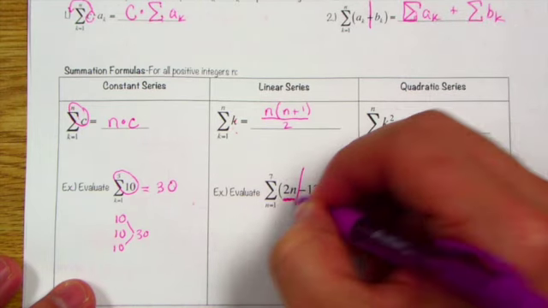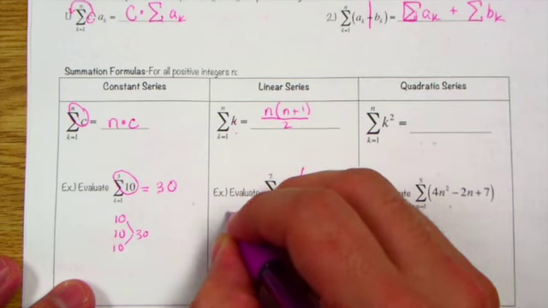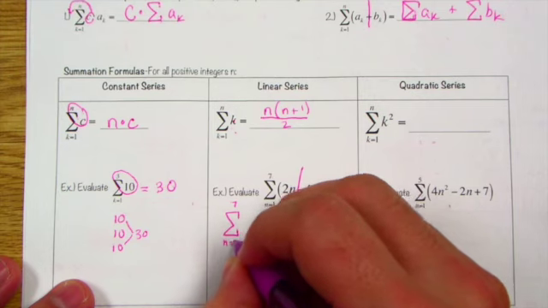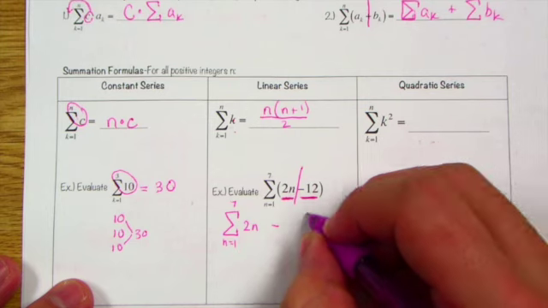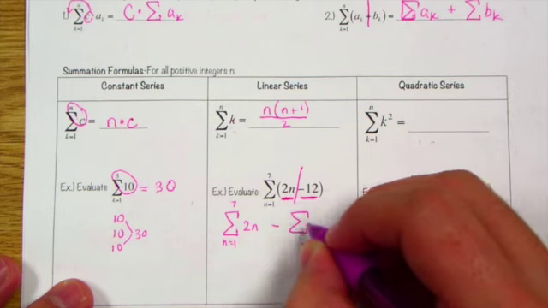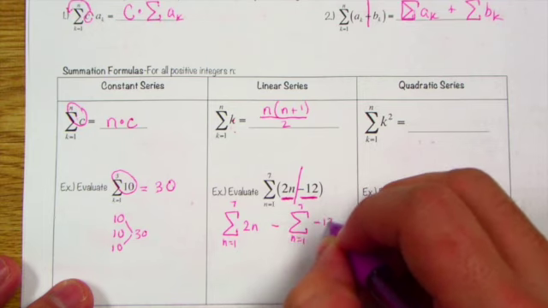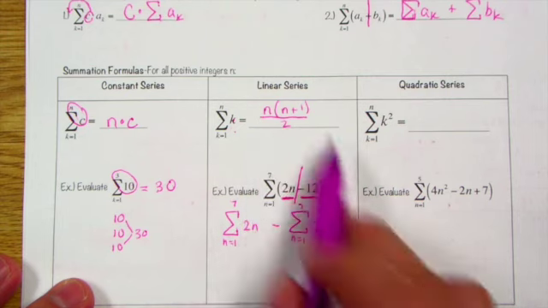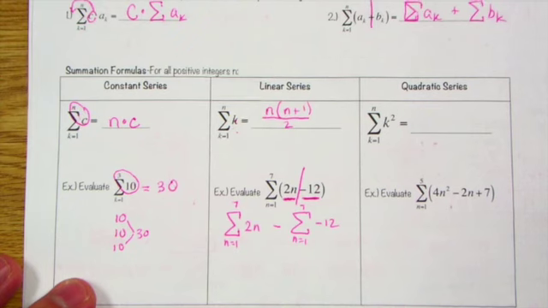So what we're going to do is split this in half. So really, this is just the sum from n equals 1 to 7 of 2n minus the sum from n equals 1 to 7 of negative 12. By splitting it up, it allows us to do both of these separate rules. I can do the linear one and the constant one.